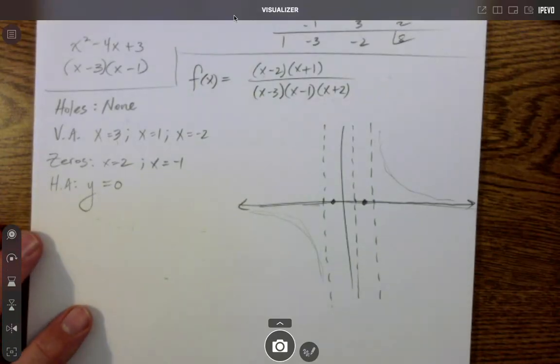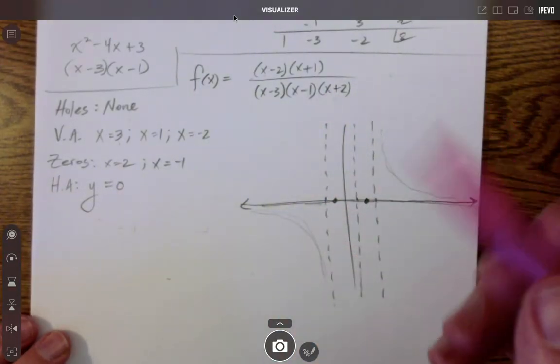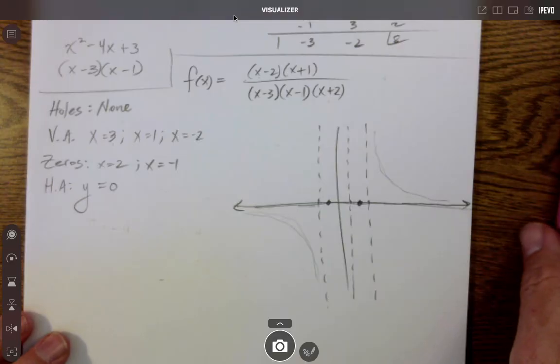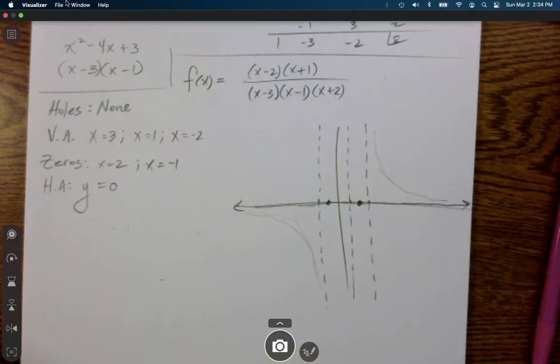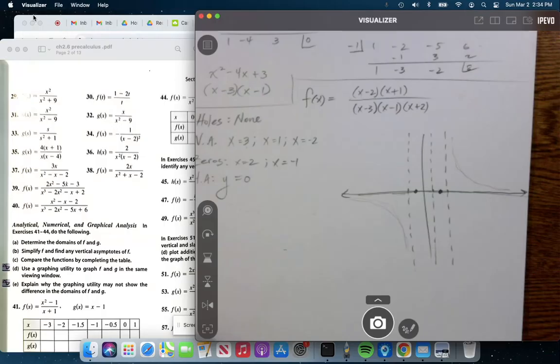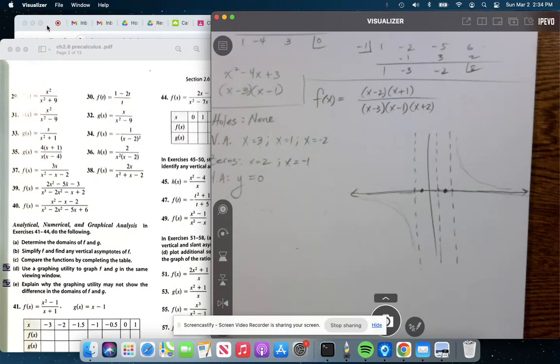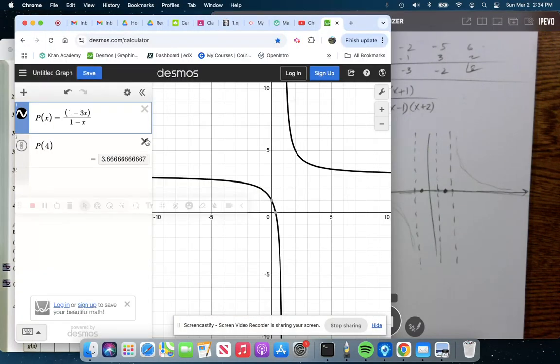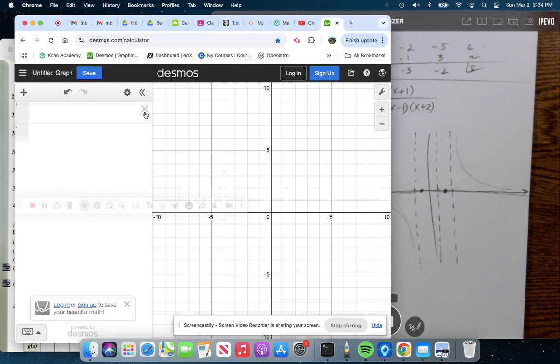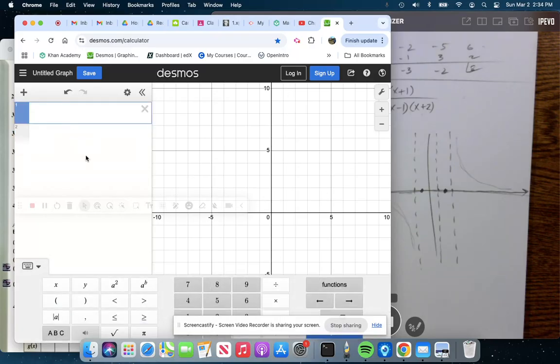All right, so let's take a look at this and see what is going to happen. Because the video is getting a little long, and I don't want to use up any more time, let's graph this and see what we get. I'm going to put the original problem in.